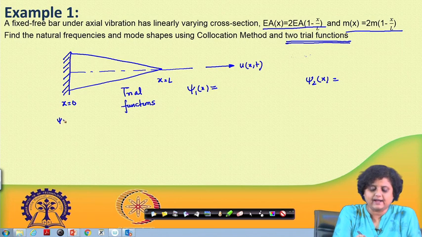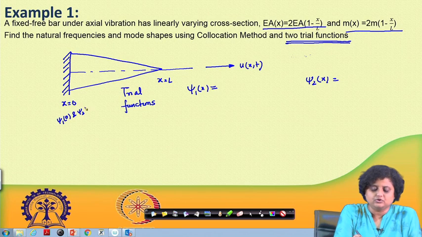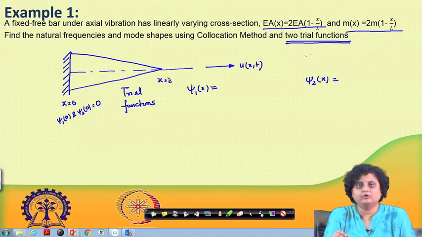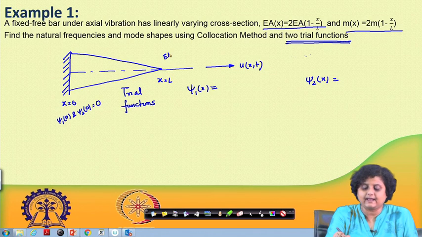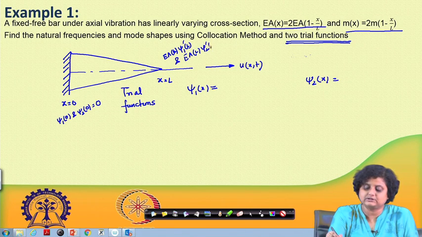So, psi 1 0 and psi 2 0 should be equal to 0, and there is no force acting at x equal to L. Therefore, EA L into psi 1 dash L and EA L into psi 2 dash L should be equal to 0.